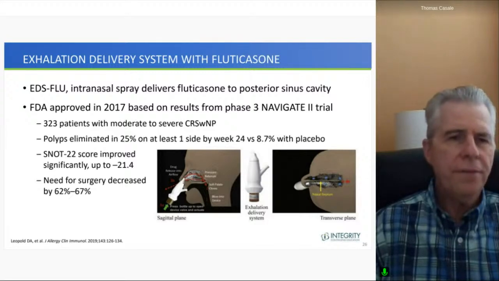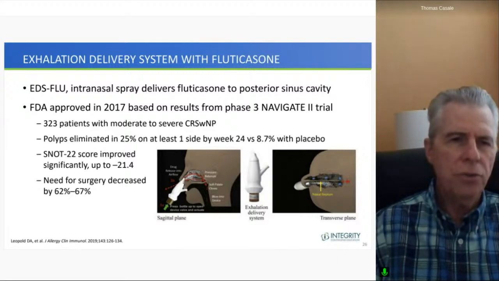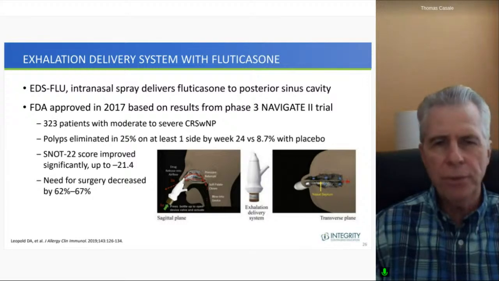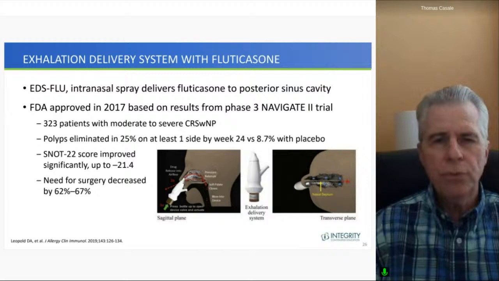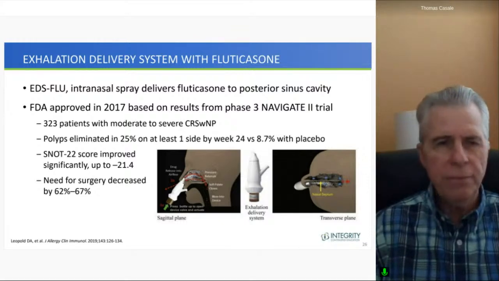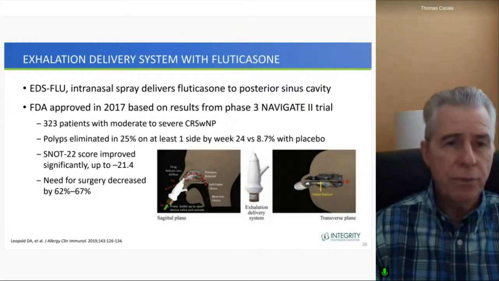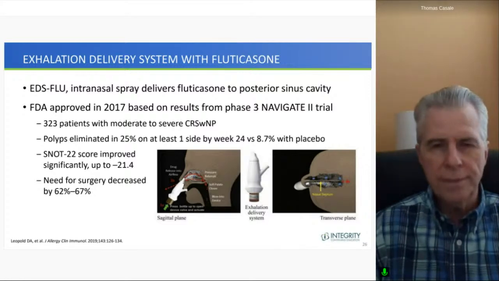And in their phase 3 trials, they showed that polyps were eliminated in 25% on at least one side by week 24 versus 8.7%. SNOT-22 scores significantly improved, and the need for surgery decreased by almost 2/3.